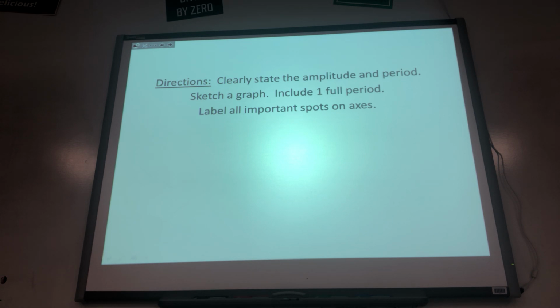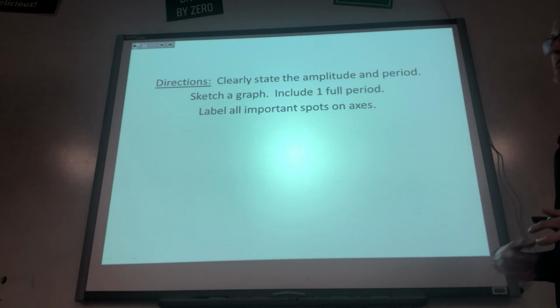Clearly state the amplitude and period. Period is going to be different today though. We'll talk about that. Then sketch a graph. Include one full period. Label all of the important spots on both axes.